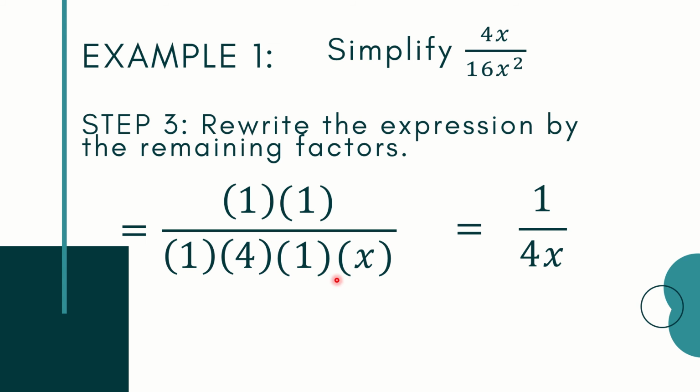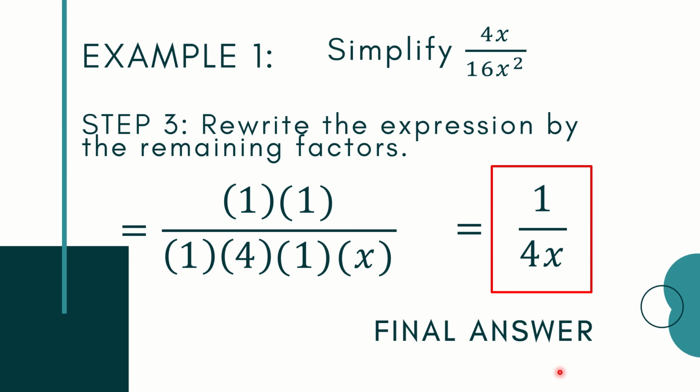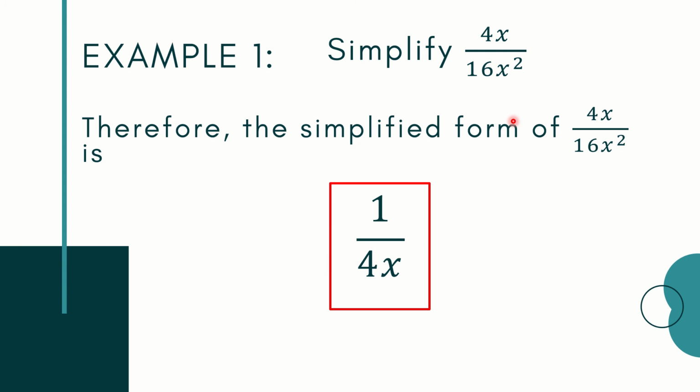So, 1 times 4 times 1 times x is equal to 4x. Now, 1 over 4x is our final answer. So, this is the lowest term of 4x over 16x squared. Therefore, the simplified form of 4x over 16x squared is 1 over 4x.